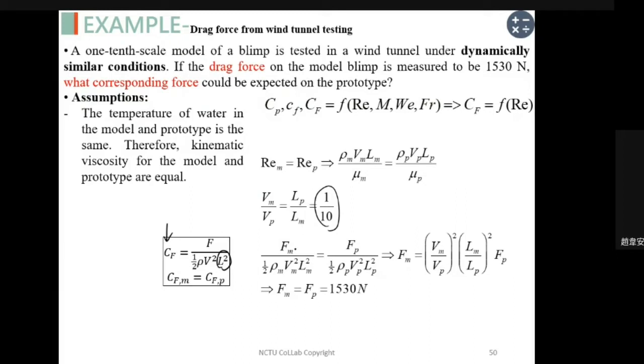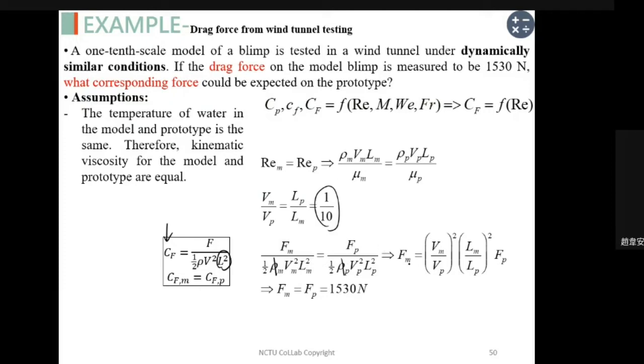Again, we make the balance equation for the force coefficients, and then we cancel out constant values such as the densities in the model and the prototype. So we cancel out the rho and make the equation balance.